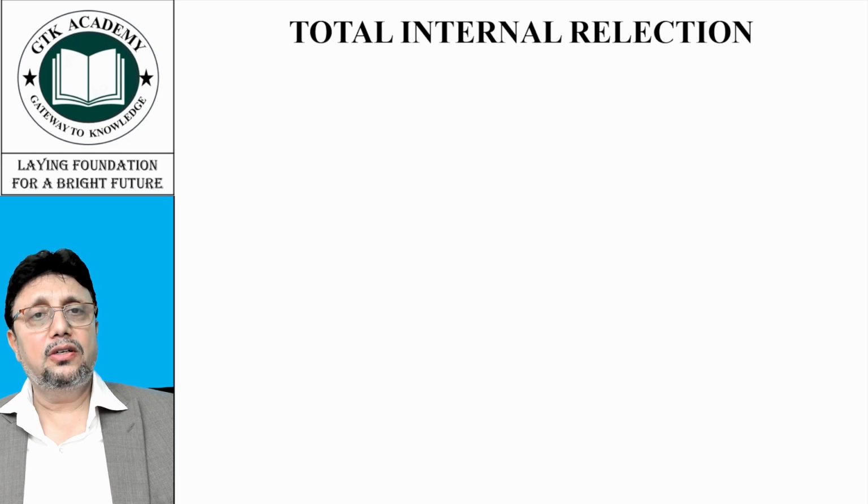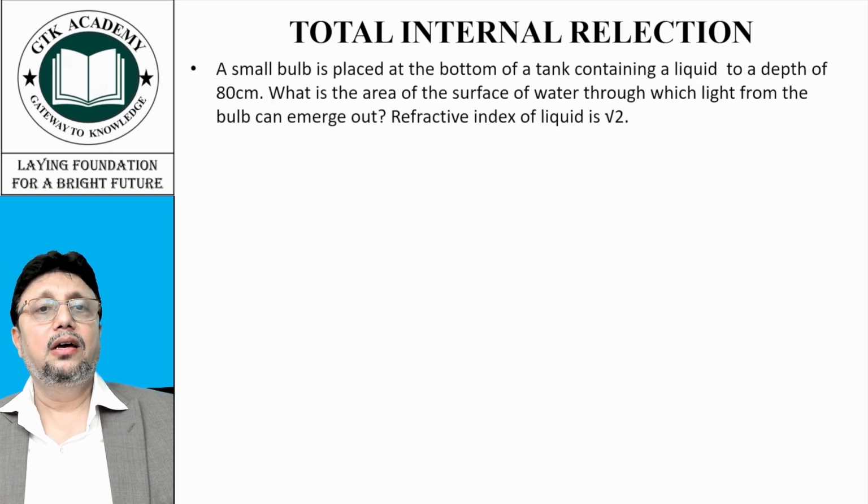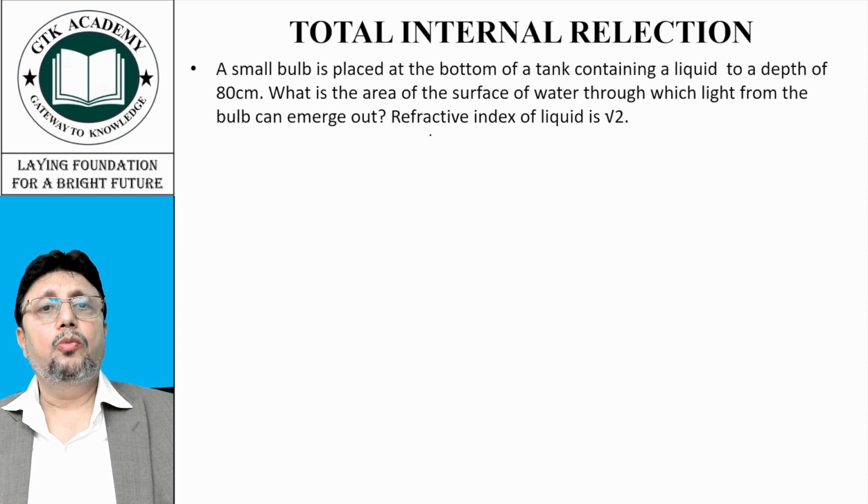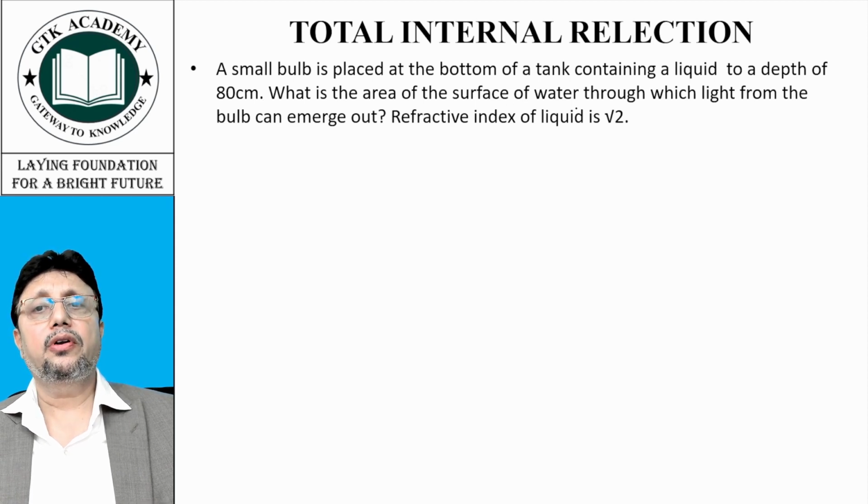Now let's try out a problem on total internal reflection. The problem says a small bulb is placed at the bottom of a tank containing a liquid to a depth of 80 centimeter. What is the area of the surface of water through which light from the bulb can emerge out?